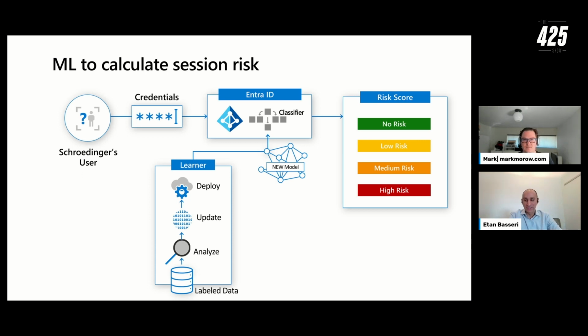Unfortunately, the world is a series of shades of gray, and this tool runs the gamut from very high confidence detections, which you should action right away, to a gray area where we're moderately confident, but we think it's safer to challenge with MFA, because it's better to be safe than sorry.